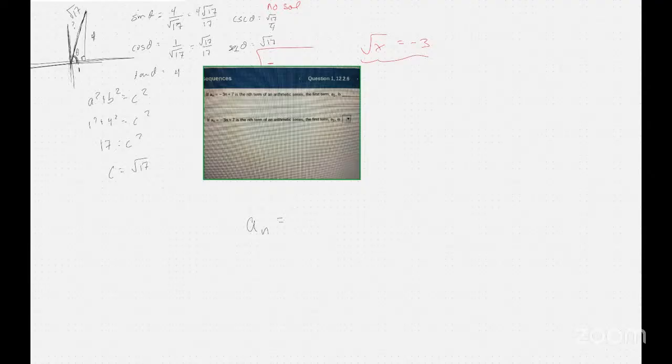And that makes sense to you, right? We've talked about this formula before. So they're telling us that a sub n is negative 3n plus 7. So let's just plug that in. Plus d times n minus 1. So do we know the d yet?